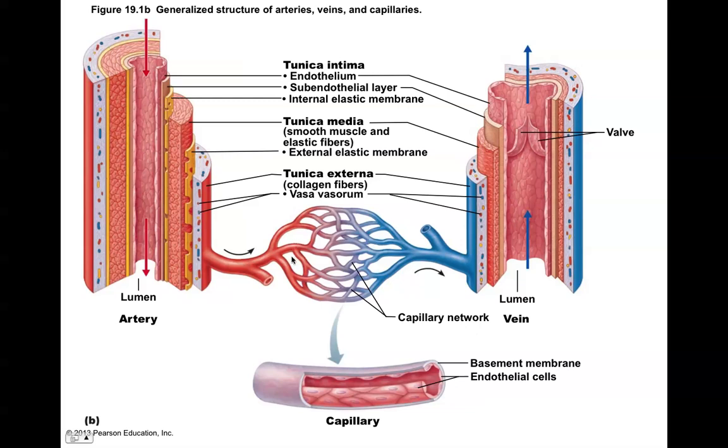So these we could say are arterial capillaries and venous capillaries, and then these collect into progressively larger vessels and the blood returns to the heart in the veins. And here's showing you a close-up of a capillary.